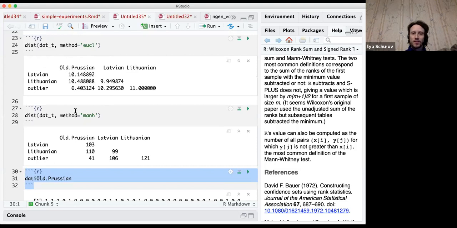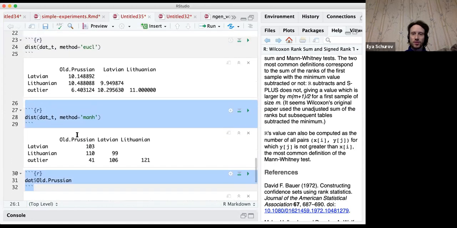But actually, I cannot provide a good example when Manhattan distance is better than Euclidean. Probably in some cases this can be the case, but I cannot imagine it. Basically, you can use Euclidean just because it is the default. Unfortunately, there is no universal way to choose one over another.